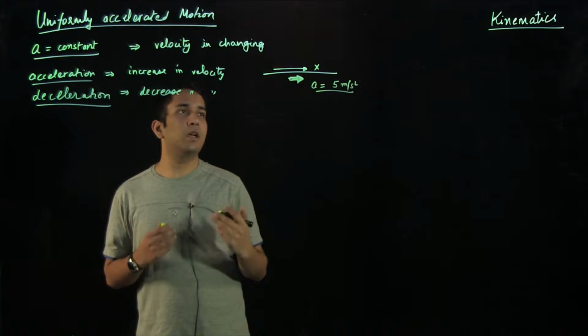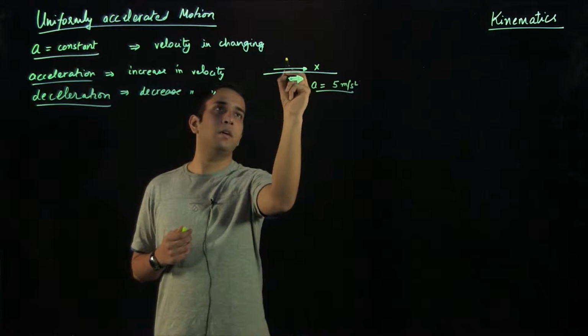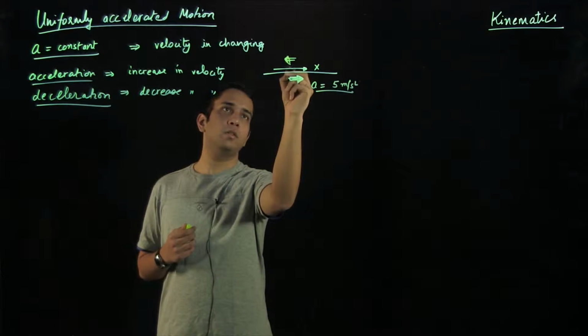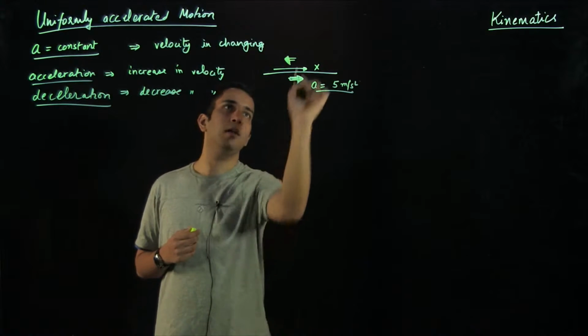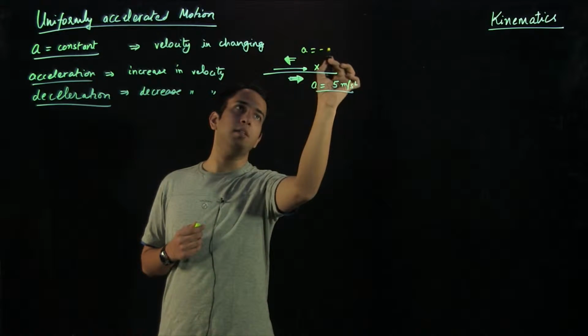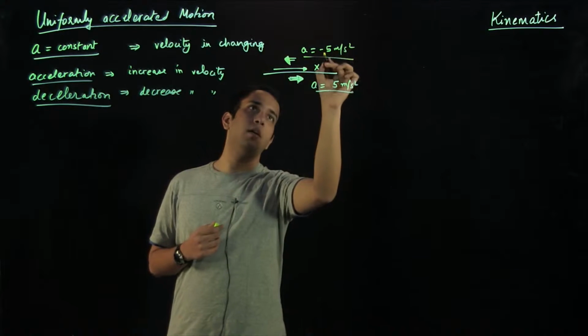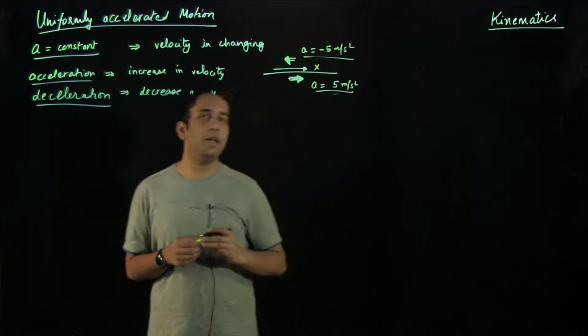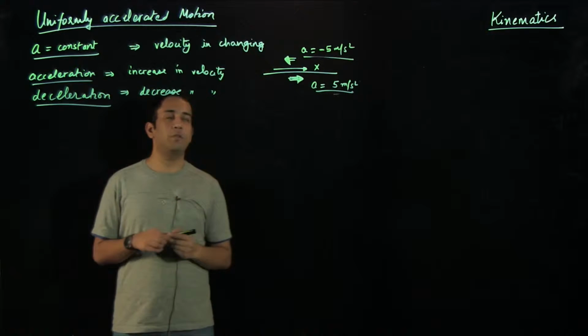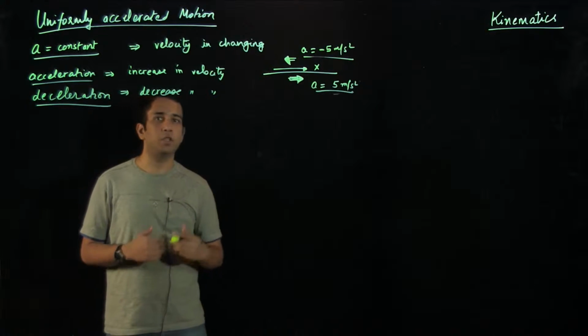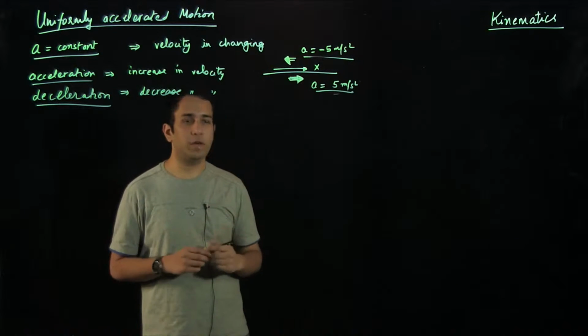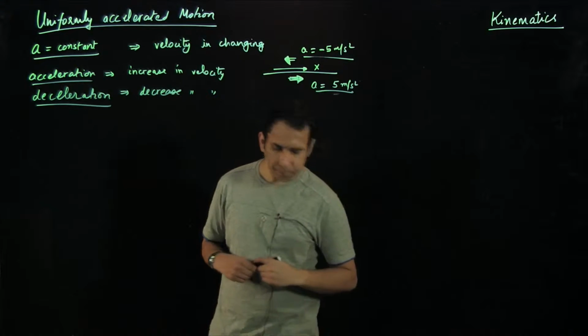And if my acceleration is opposite to the direction of the motion, then I can say that my acceleration is minus 5 meter per second square. So this minus sign indicates the opposite direction, which is opposing the motion of the particle.